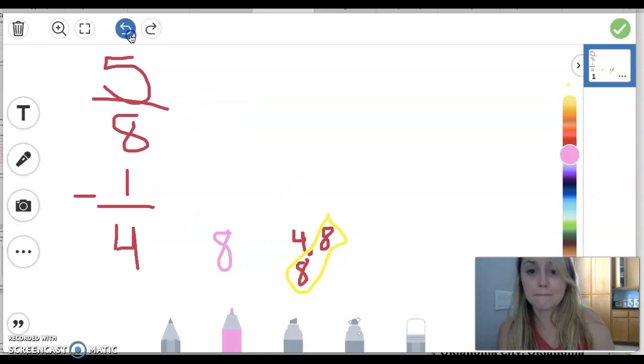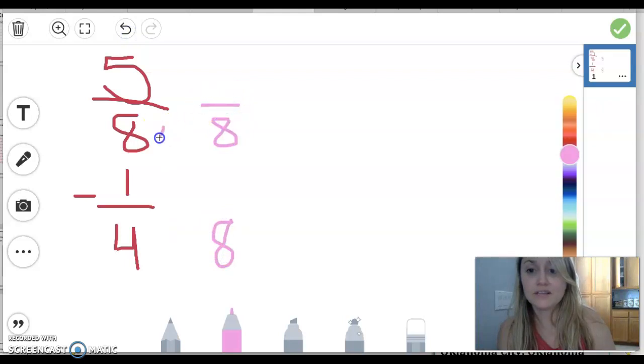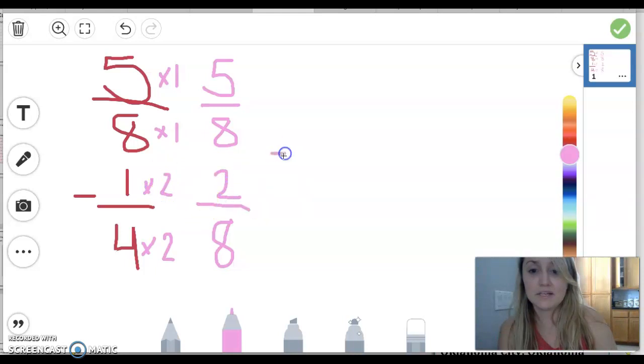Whatever you do on the bottom, you must do on the top. So we have 5/8 minus 2/8, and you get 3/8.